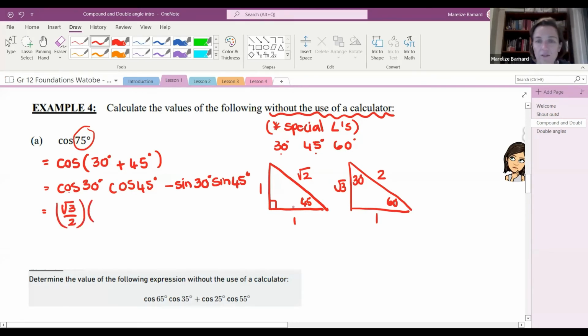Cos 45, we've already had this evening a few times, adjacent over hypotenuse, so that's 1 over root 2. Sine of 30 is opposite over hypotenuse, so it's 1 over 2. And then sine 45 is opposite over hypotenuse, which is 1 over root 2.